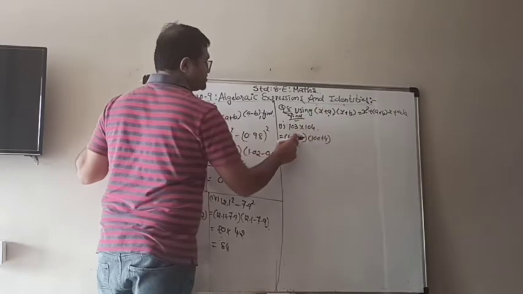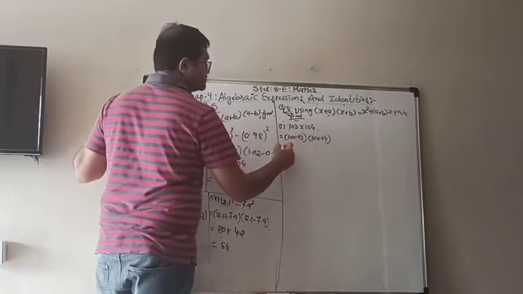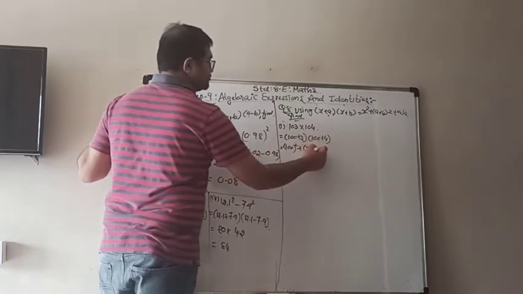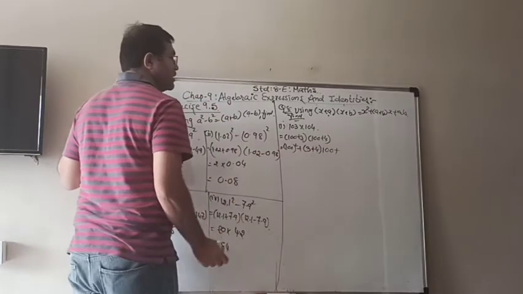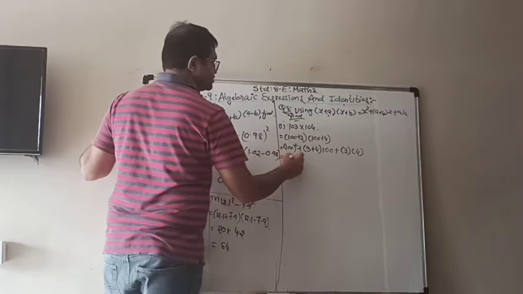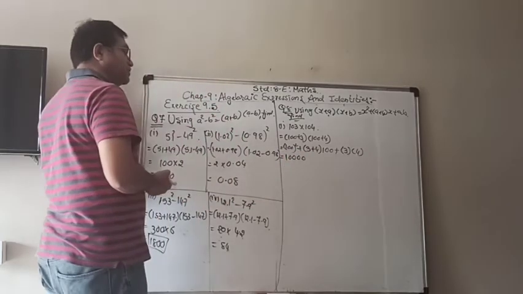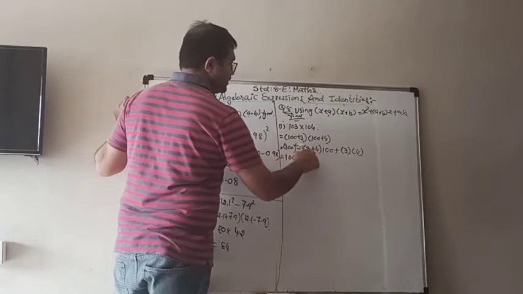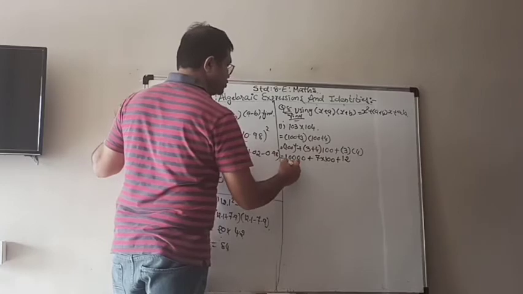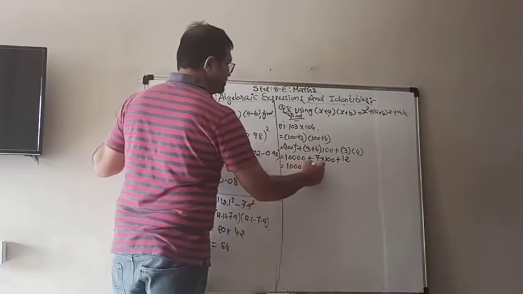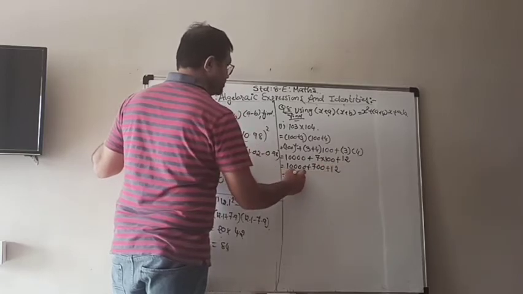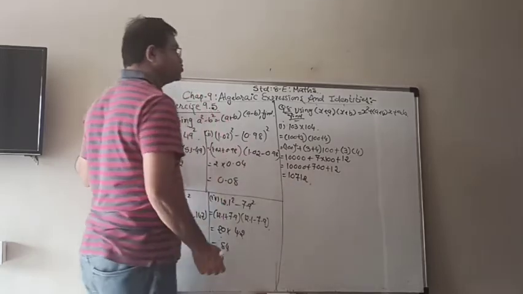So in place of x there is 100, a is 3, b is 4. So it is 100 square plus 3 plus 4 into x, that is 100, plus 3 into 4. So that is 10,000 plus 7 into 100 plus 12. So that is 10,000 plus 700 plus 12. So 10,712.